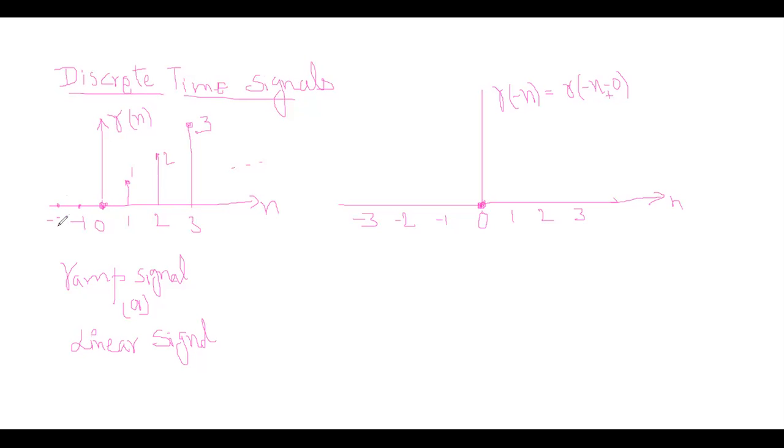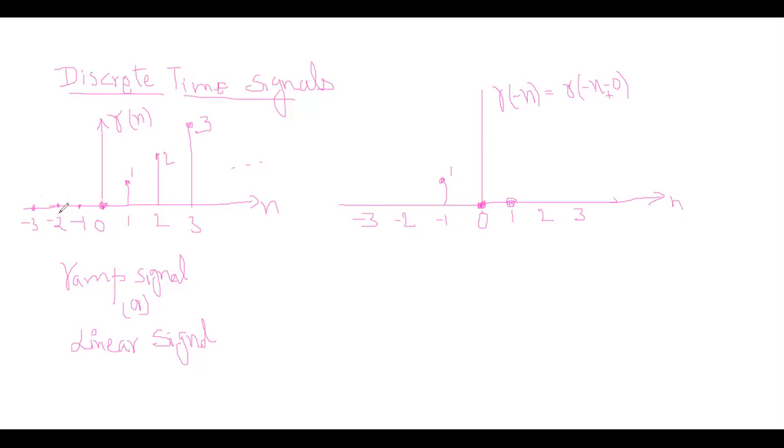Minus 2 is also 0, and minus 3 is also 0. Now, in the folded version, the 0 at minus 1 will appear at plus 1. But the value 1 at 1 will appear at minus 1. Okay, that is the folded version.